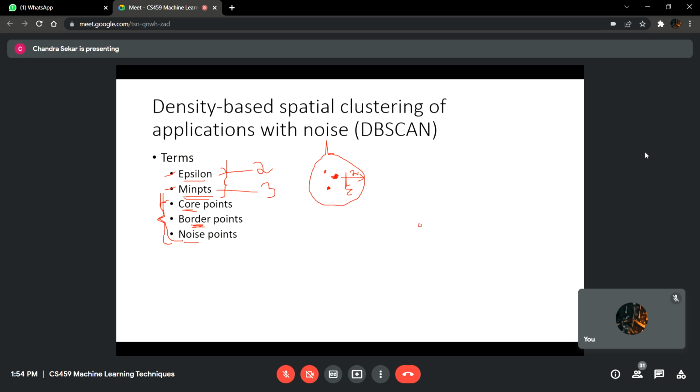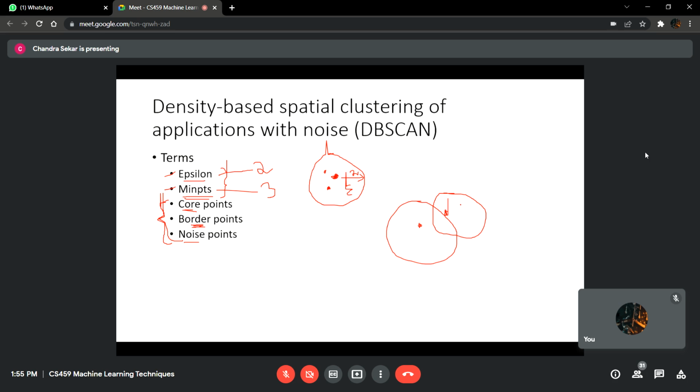So if you have a core point here, and you draw a circle here, and there is some border point, then if you draw the circle with radius epsilon for that border point, it will intersect with this circle, like it will share the neighborhood with the core point.